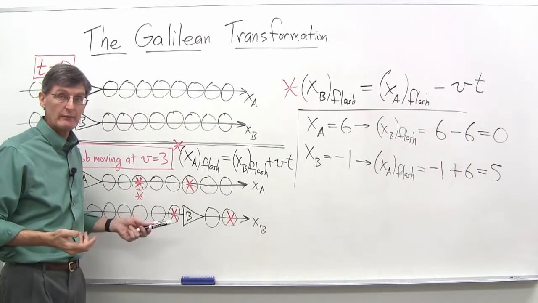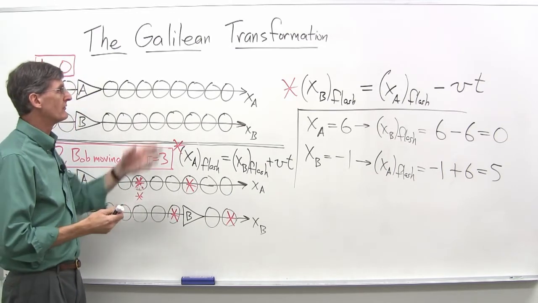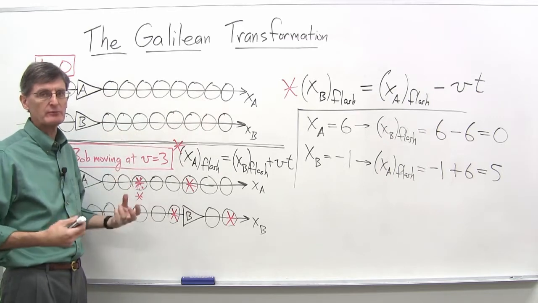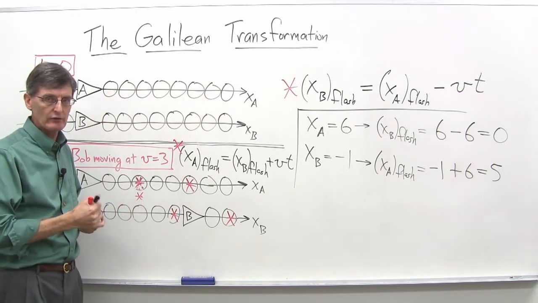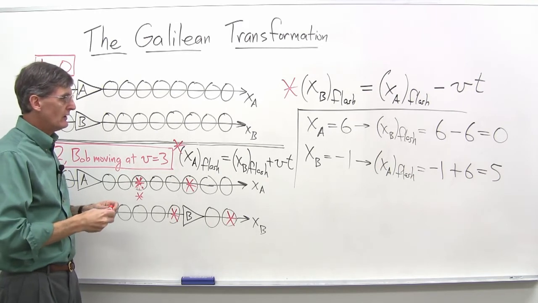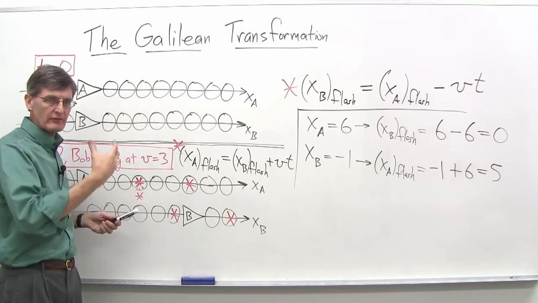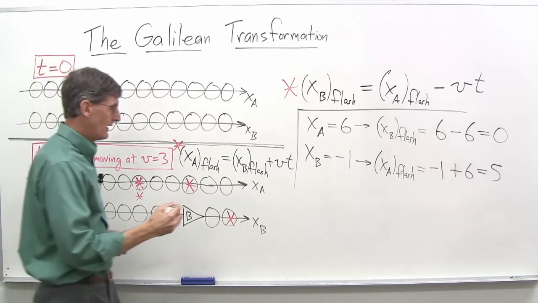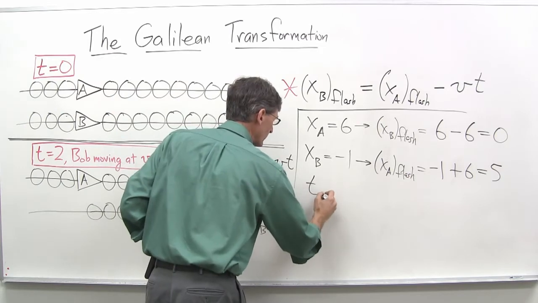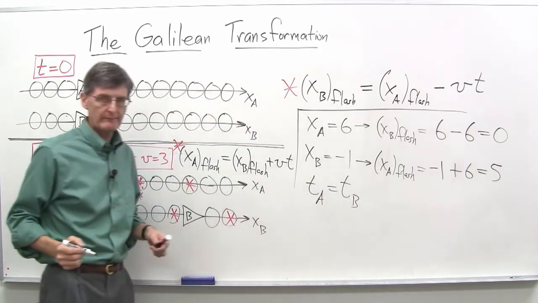So what about time, though? Well, here's the basic assumption of the Galilean transformation, really the assumption of physics from Galileo's time, and a few years after Galileo. Newton thought deeply about this as well. The basic assumption from that time, essentially until about the time of Einstein, was that Alice's time was Bob's time.